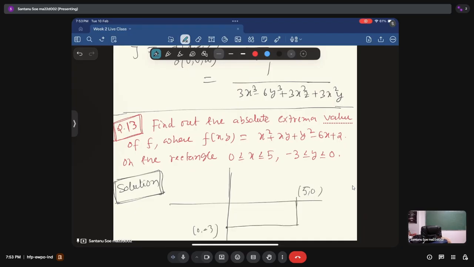So this should be the rectangle, and this will be 5 comma minus 3 and this will be 0 comma 0. Now let us call this line L1, this line L2, this line L3 and this line L4. Okay, this is our x-axis and this is our y-axis.